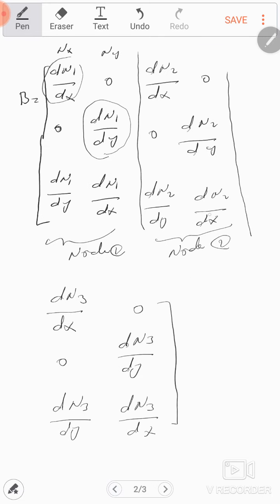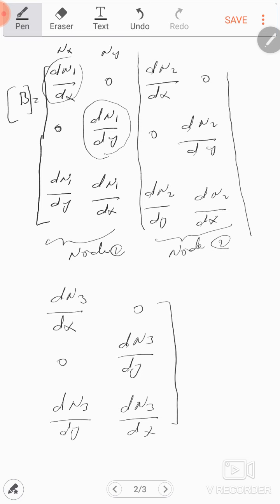This is the general equation of the B matrix, but there are some derivations that depend on the criteria of the shape function.